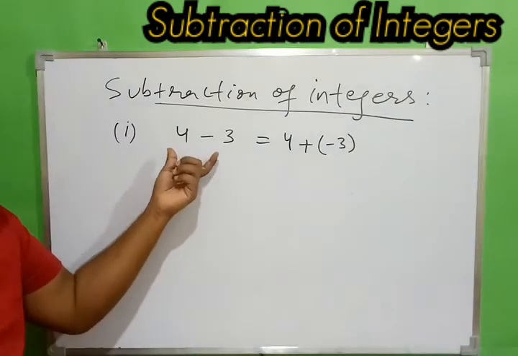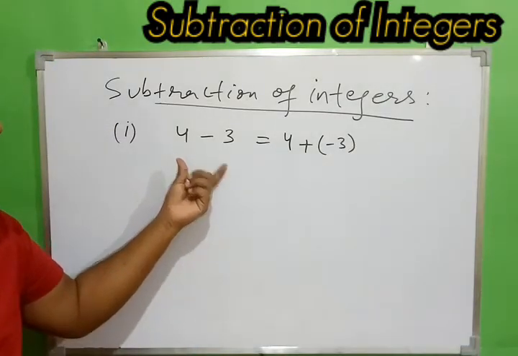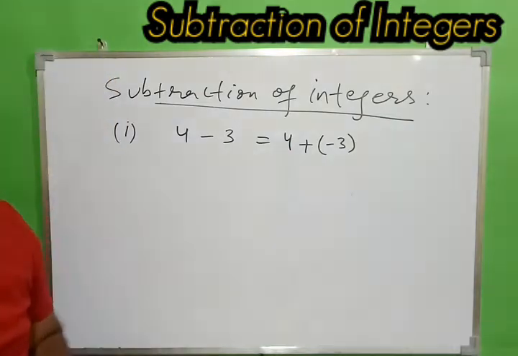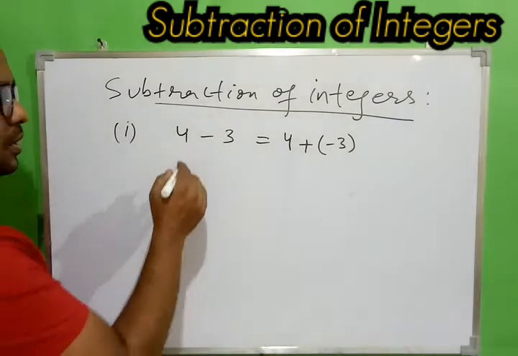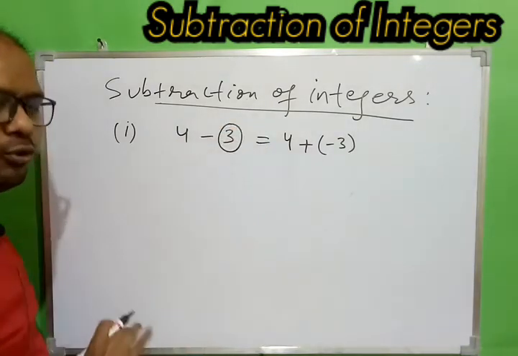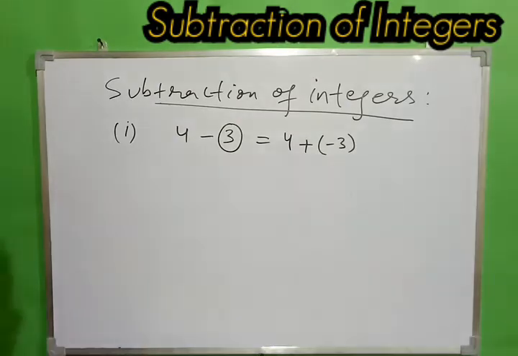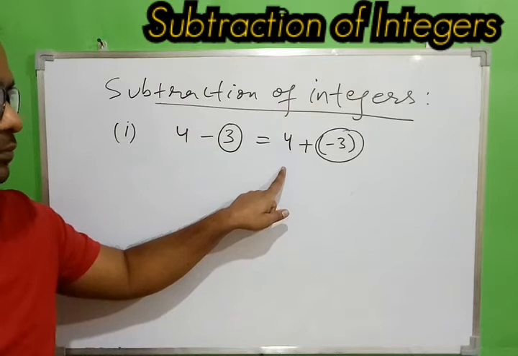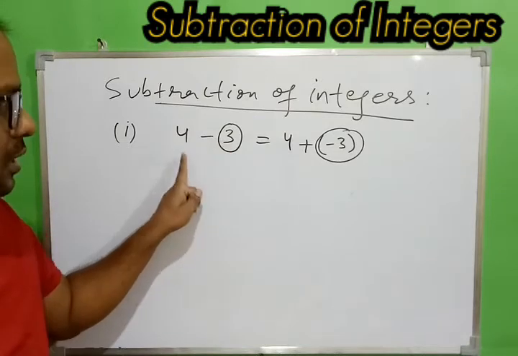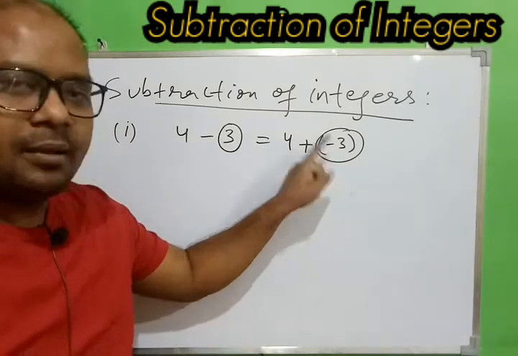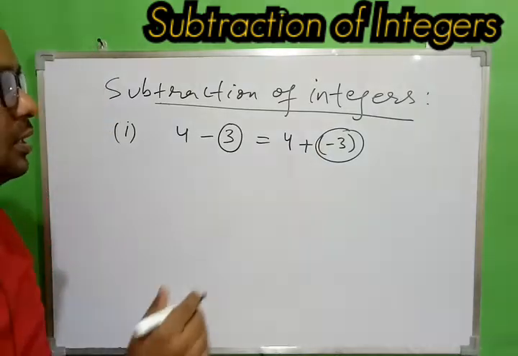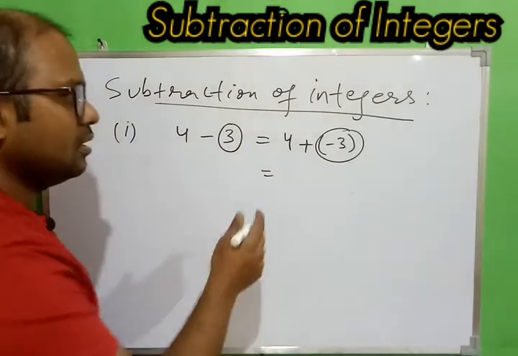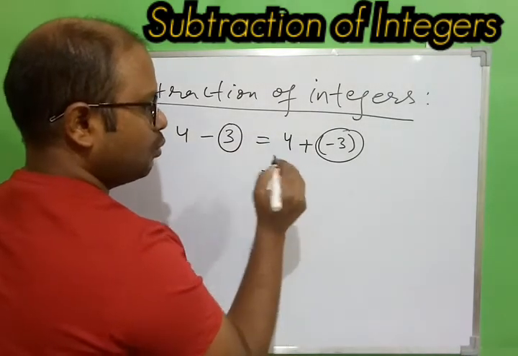So we can say subtraction of two numbers is nothing but addition of the additive inverse of the number itself. I am repeating again. For example, here you are subtracting 3 from 4. Or here we can say we are adding minus 3 with 4. Both the equations will give you the same answer, that is 1.